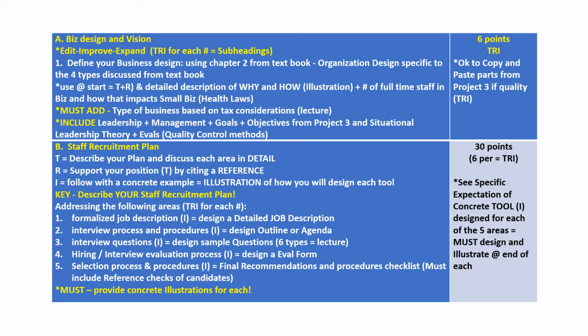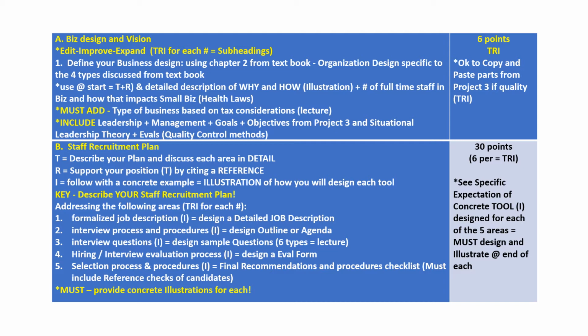You want to start with your thesis statement here and then start to use your references and cite those different things. You also want to include, now, this is the expansion: talk specifically about the number of full-time staff you're going to have with your business and how that impacts you with health laws. Again, we talked about this with the Affordable Care Act. 50 is kind of the magic number there to give you a clue.